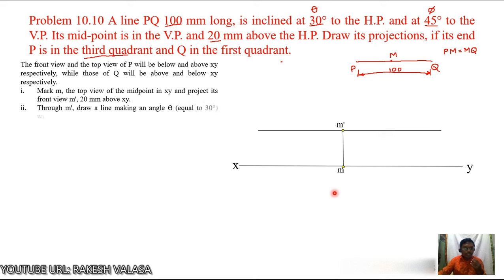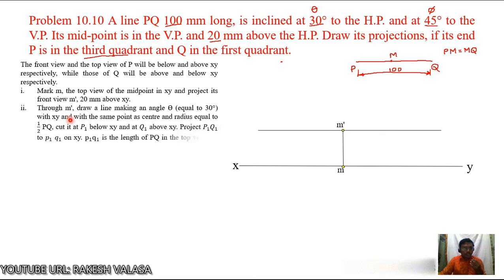Through M dash, draw a line making an angle theta equal to 30 degrees with XY, and with the same point as center and radius equal to half of the PQ. You can see here, from M dash as center, you can construct the 30 degrees line with XY.